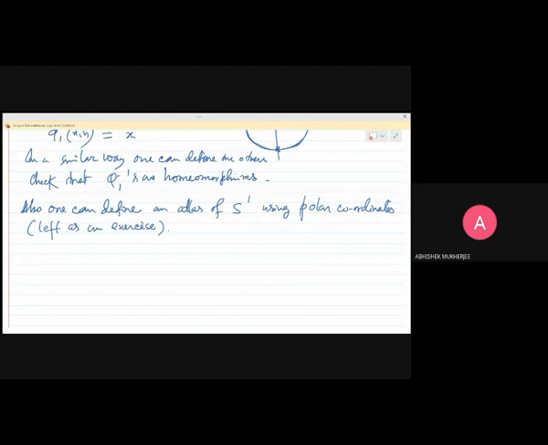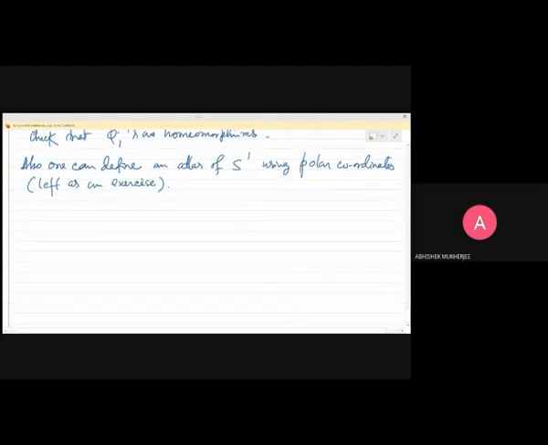Using this similar construction you can generalize these notions to any Sn. So example number 4 will be any Sn.